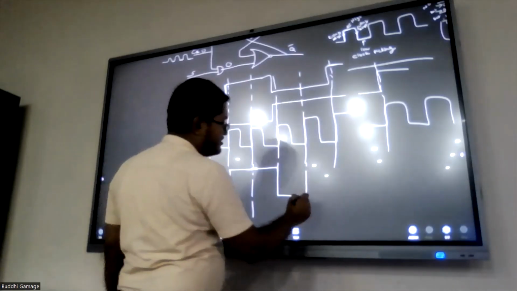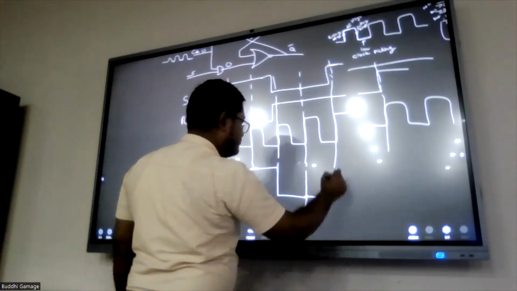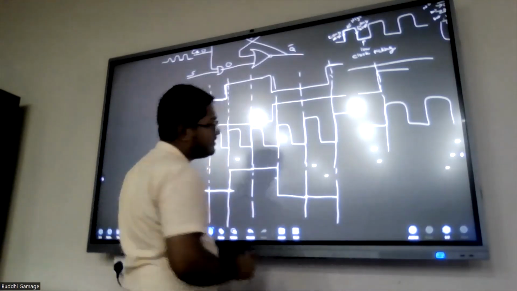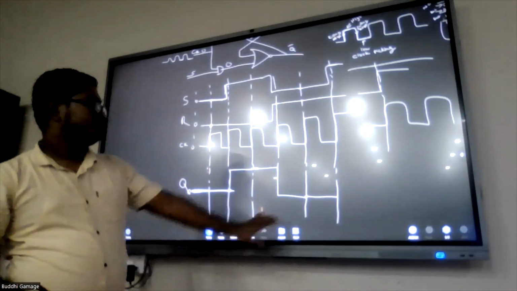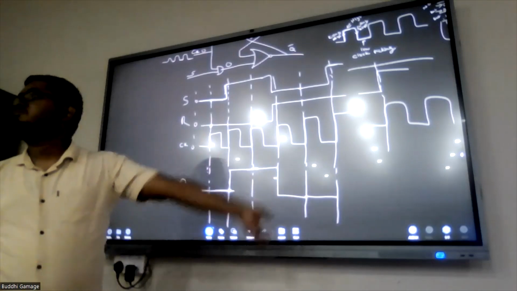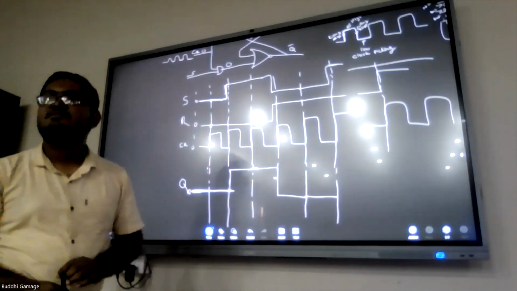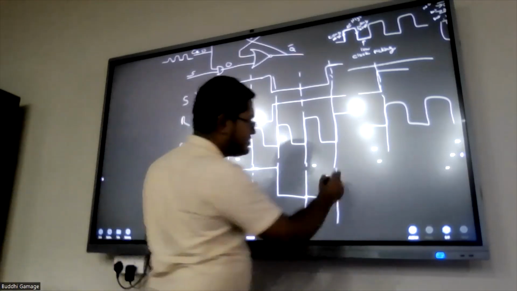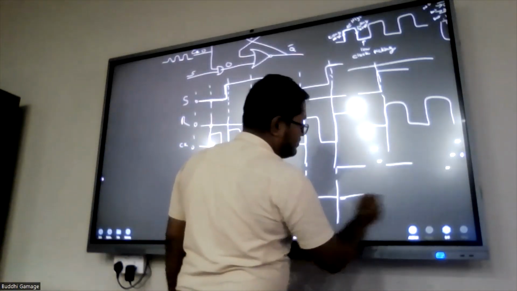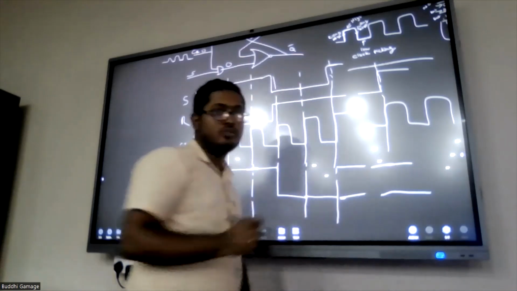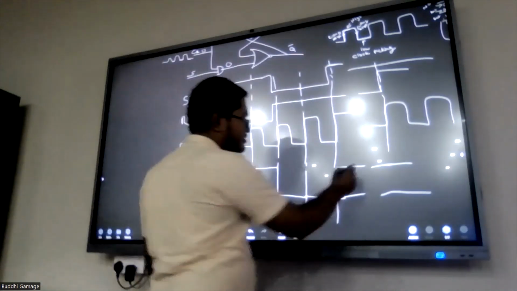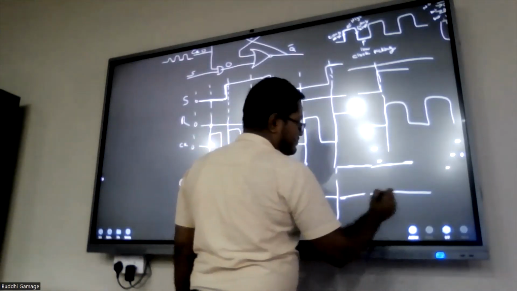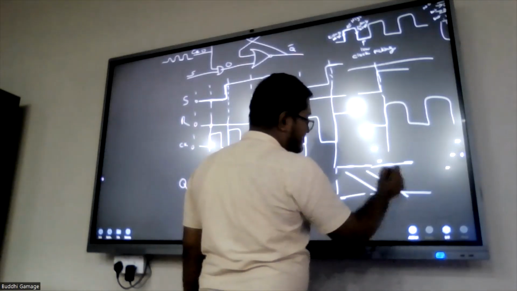So here also reset. Then what will happen? Then actually it is an undefined state. So we are marking this fourth one, and we are saying this is undefined.